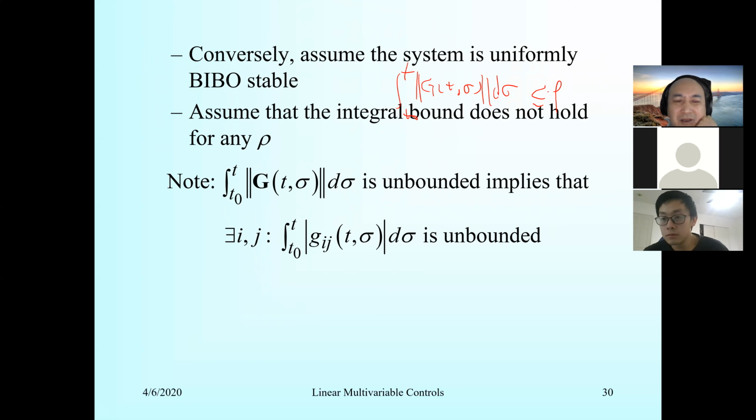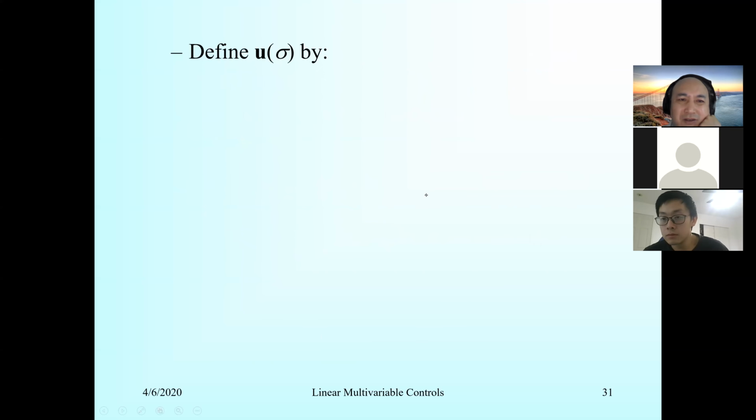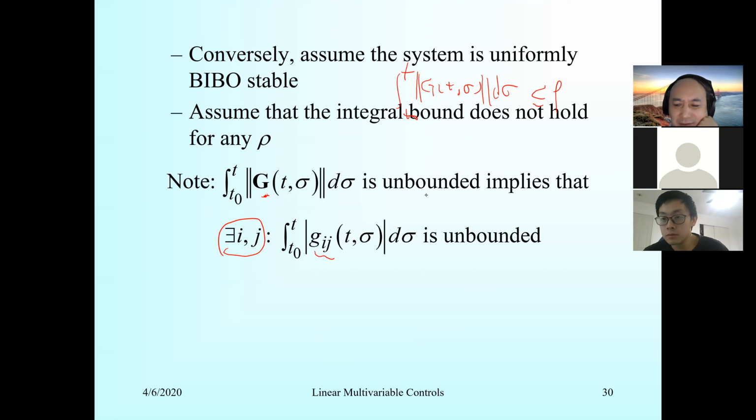Because this is unbounded, there exists at least one component, the i-th row, j-th column of this G, written G_ij, that is also unbounded.